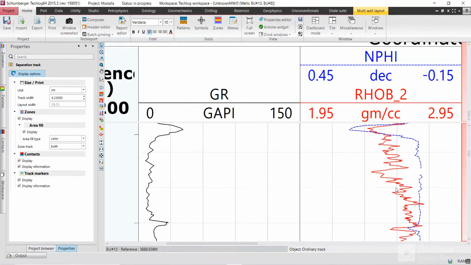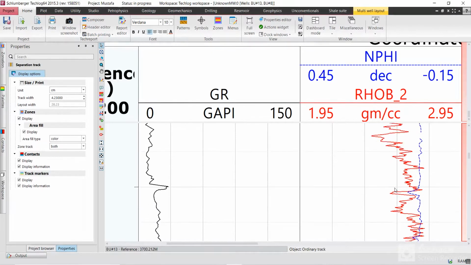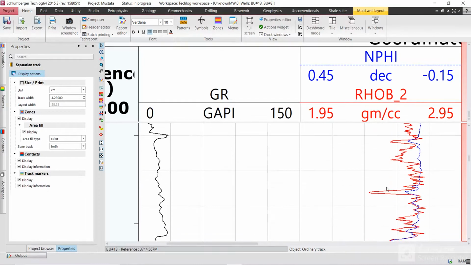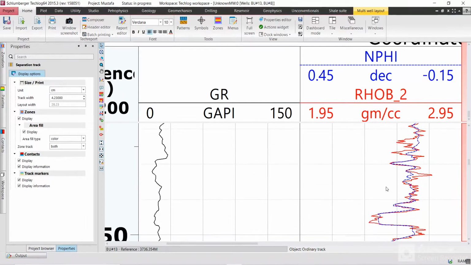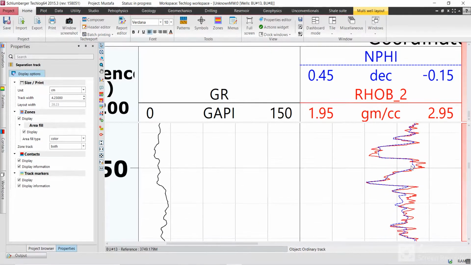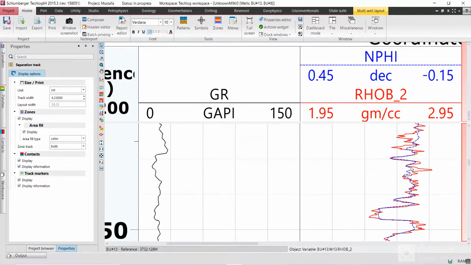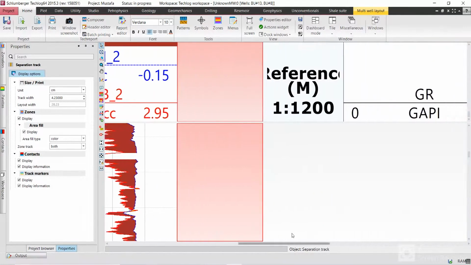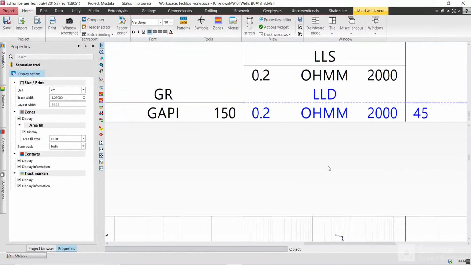So it means we have gas or oil right here. Here we have water, and the same thing for the rest of the well. And I don't have resistivity in this well, so I'll select another well.